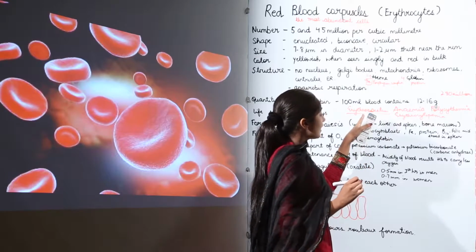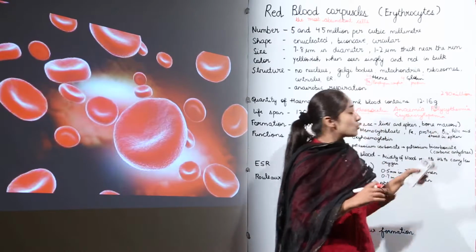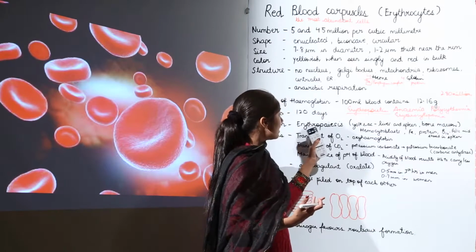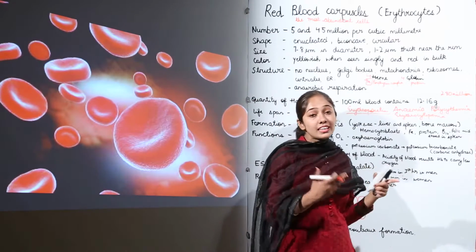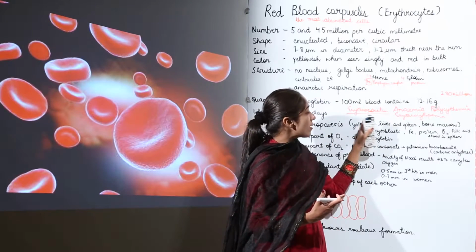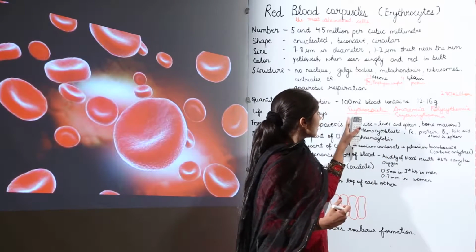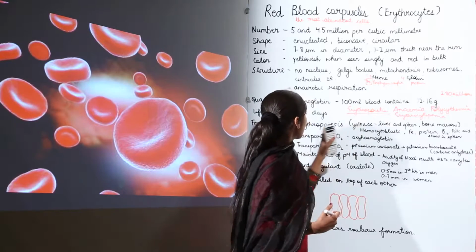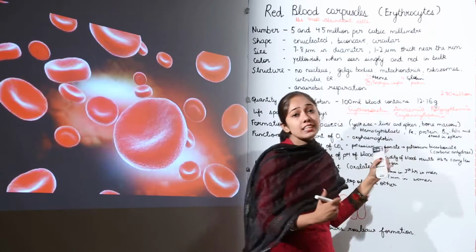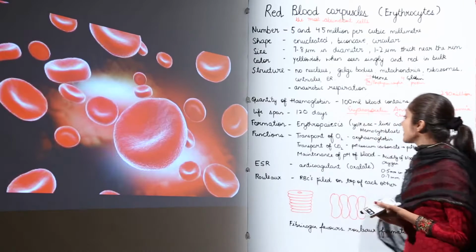This erythropoietin helps the bone marrow to make more RBCs, to undergo erythropoiesis, when this hormone is stimulated by the kidneys, right. So this is how the condition of abnormal decrease in the RBC count, the erythrocyte count, is handled.